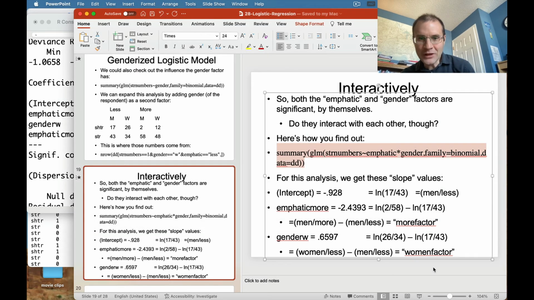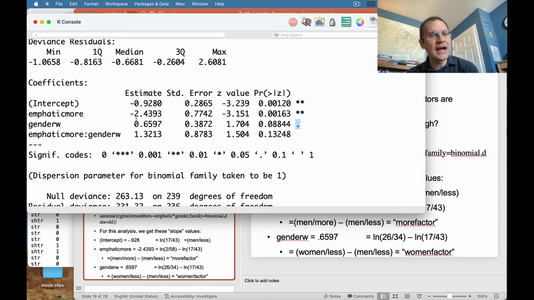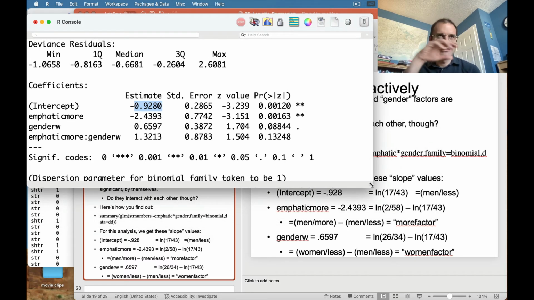So, right, how do we get these numbers? For this analysis, we get these as our slope values, or I've got the intercept first here, so sorry for getting ahead of myself, but the negative 0.928 number here is when you have the first levels of both factors in terms of where they are in the alphabet.